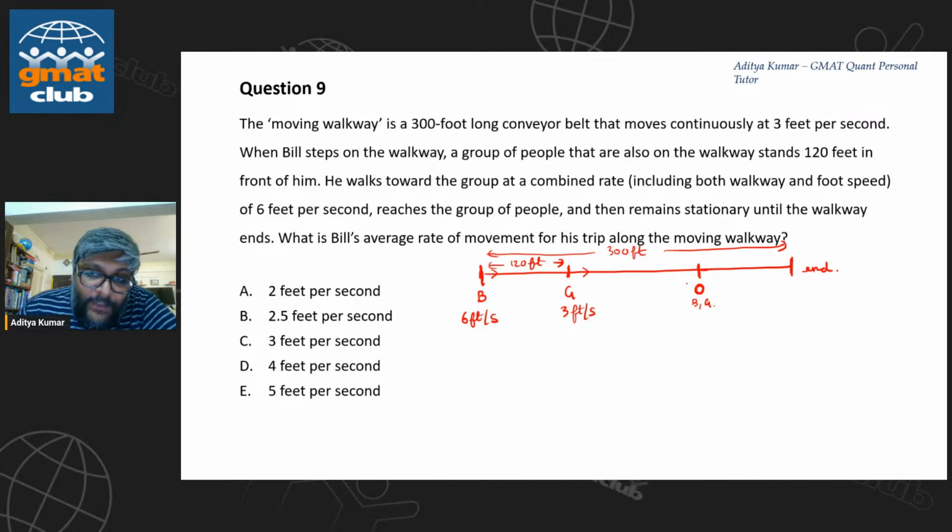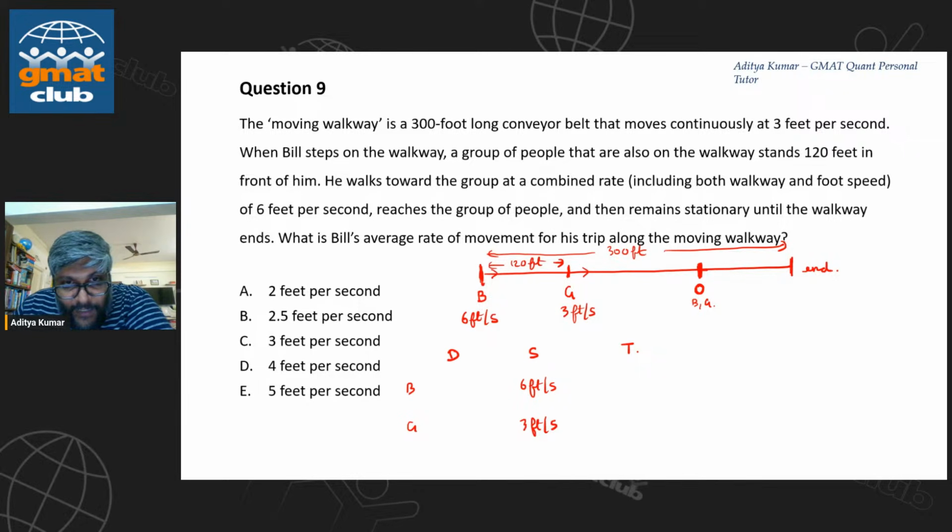The first thing I know is that Bill is going to catch up to that group. Either I can set it up using equations, distance, speed, time. I have Bill and the group, 6 feet per second and 3 feet per second.